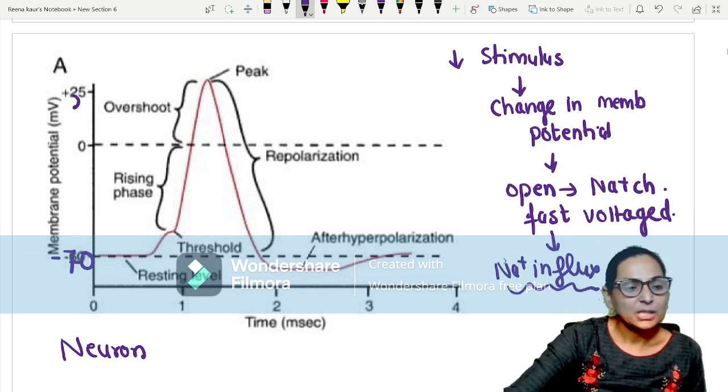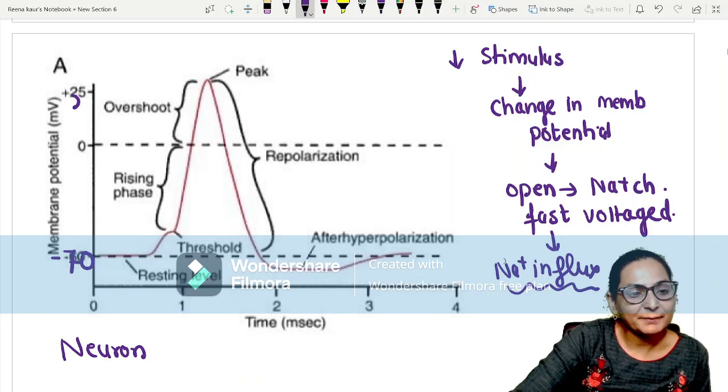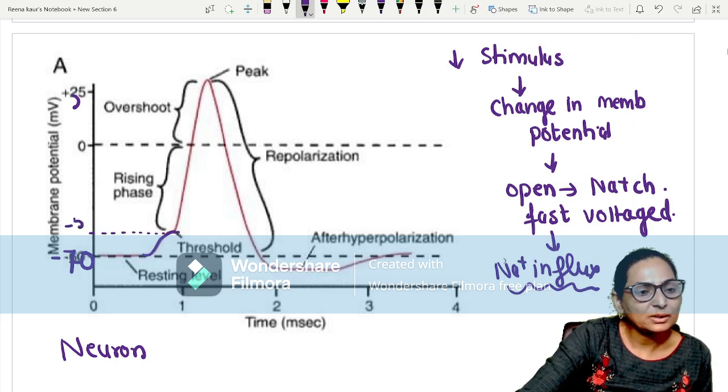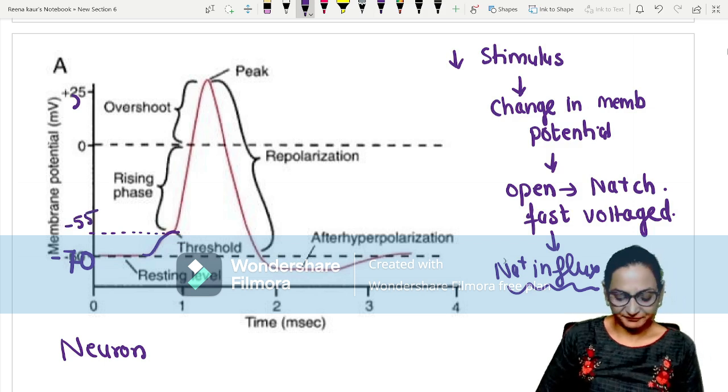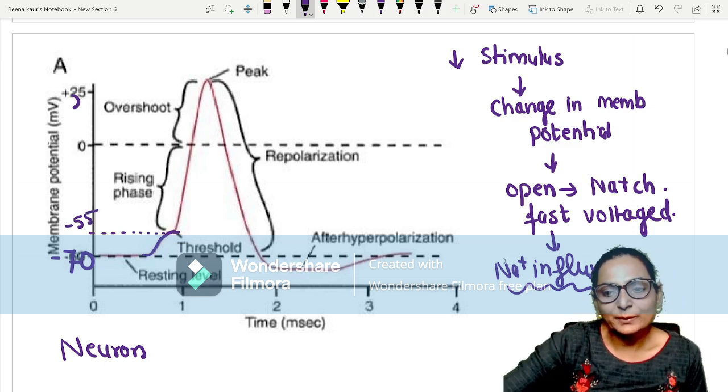So this minus 70 will become less negative. It may become around minus 55.